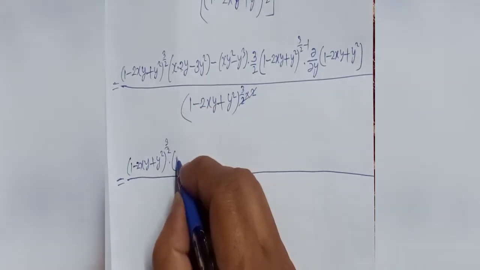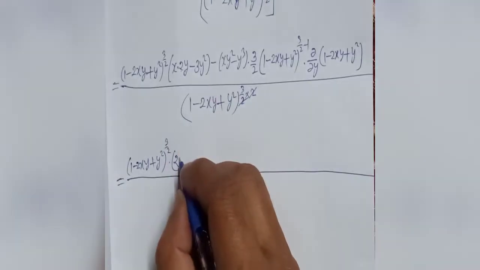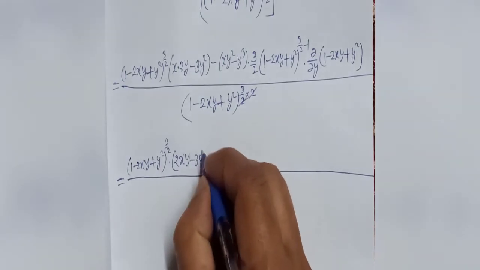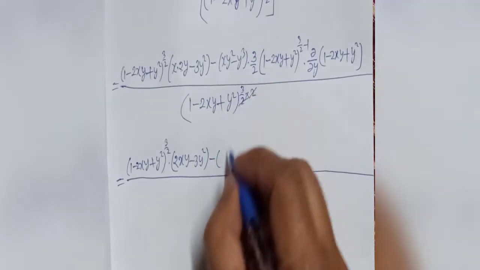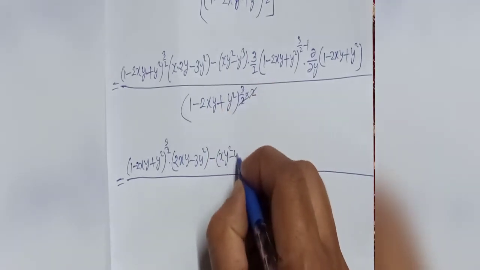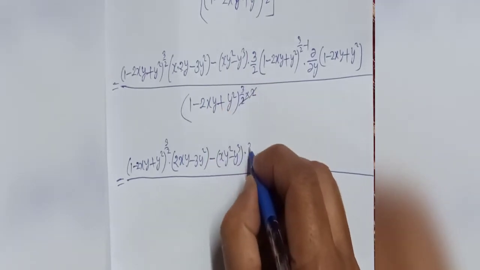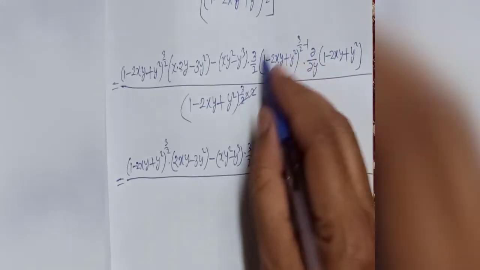We can write 2xy − 3y² first, and then write this bracket as xy² − y³ and 3/2.